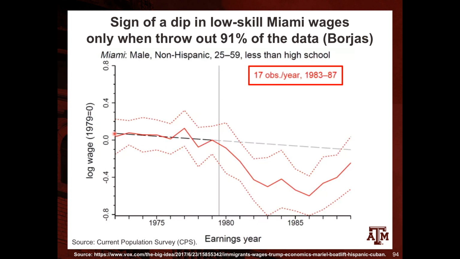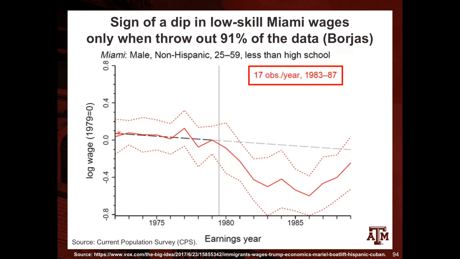Then you finally see their earnings were already going down, and after the Mariel Boatlift event their earnings really dropped a lot, and after a while start to increase. But then you see here, even considering the confidence interval, the red dashed line, it is below the black dashed line here, which was the linear trend.